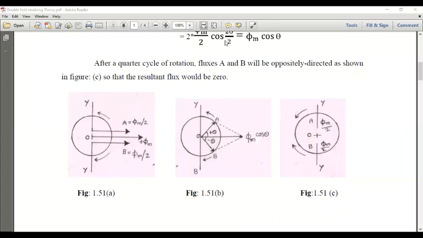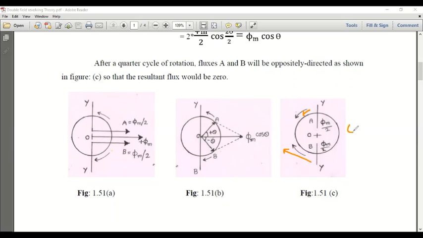If you see figure C, here A in anti-clockwise direction, B in clockwise direction, these two vectors are opposite to each other, that is 180 degrees phase shift.